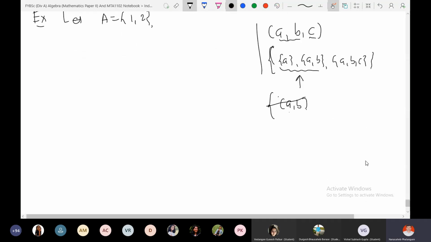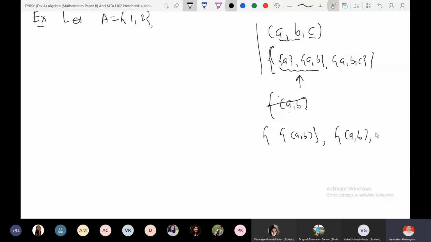Just apply the same logic. {A, B} and {A, B, C}. Am I right? So what should be the first component?